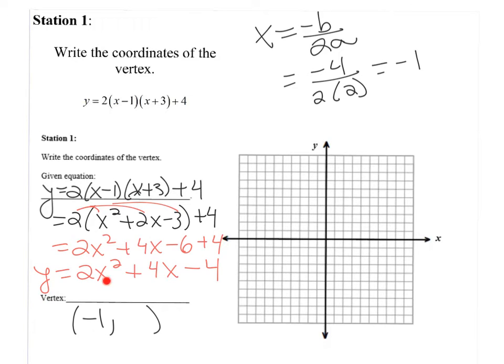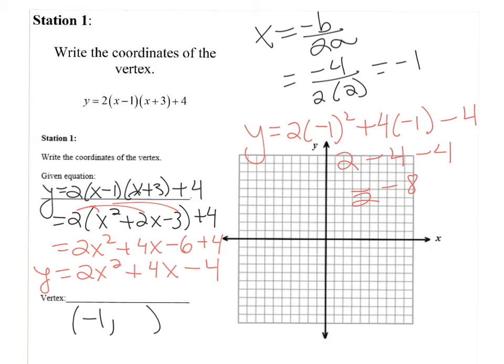You can either plug the negative 1 into the standard form, or you can plug negative 1 into what we started with and simplify. It's a personal preference. I'm going to plug it into standard form. So let's see, that is 2 minus 4 minus 4. That's 2 minus 8. That is negative 6.